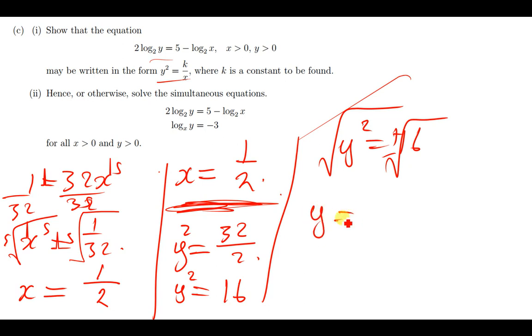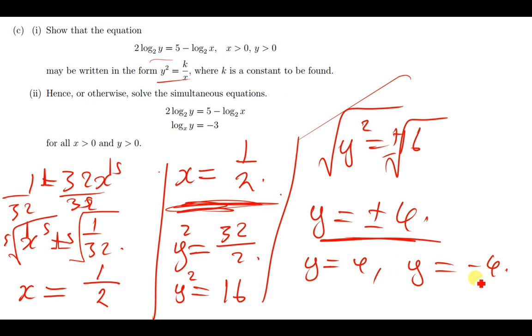Meaning the value of y is simply plus or minus 4. So we have two values of y. We have positive 4 and negative 4. So the other value of y is negative 4. Then the value of x is simply 1 over 2. So this is the answer to this question.